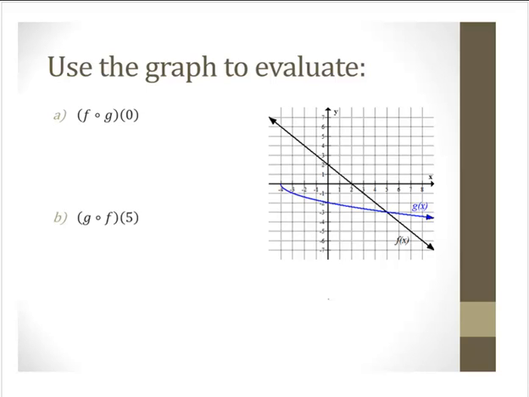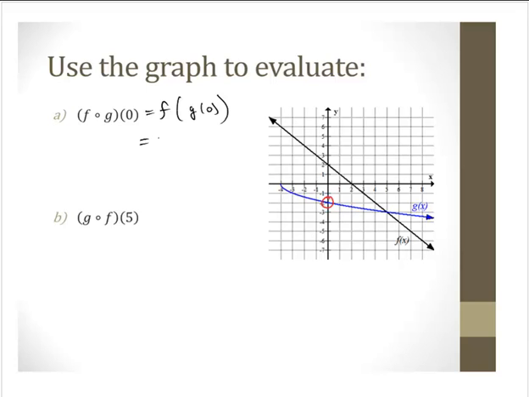All right. And let's look at that graph again, but now evaluate some compositions. Again, f of x is in black and g of x is in blue. Let's evaluate f composed g of 0. All right, so that would be f of g of 0. Now g of 0 is negative 2.